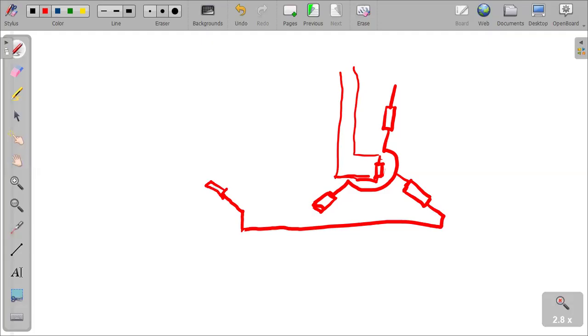Then it's connected again, and then it's directly connected now.